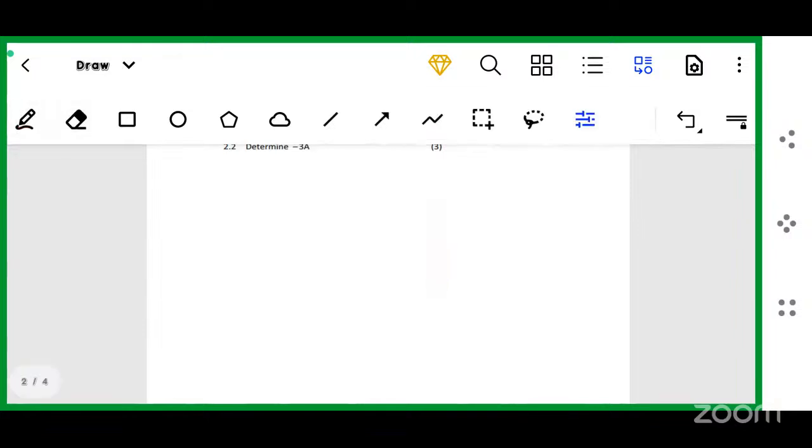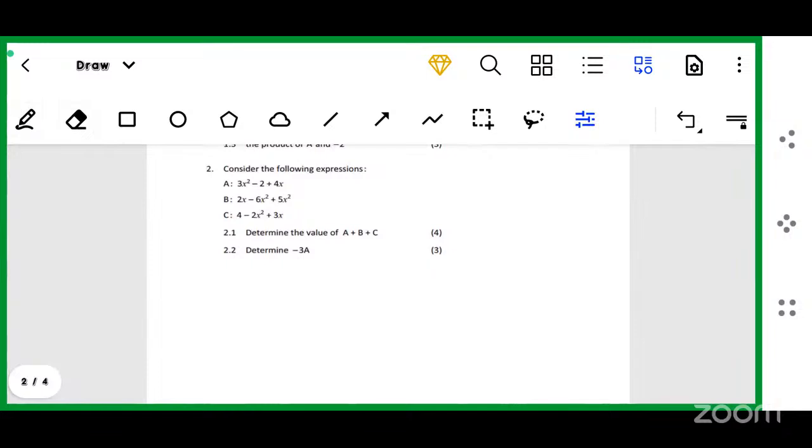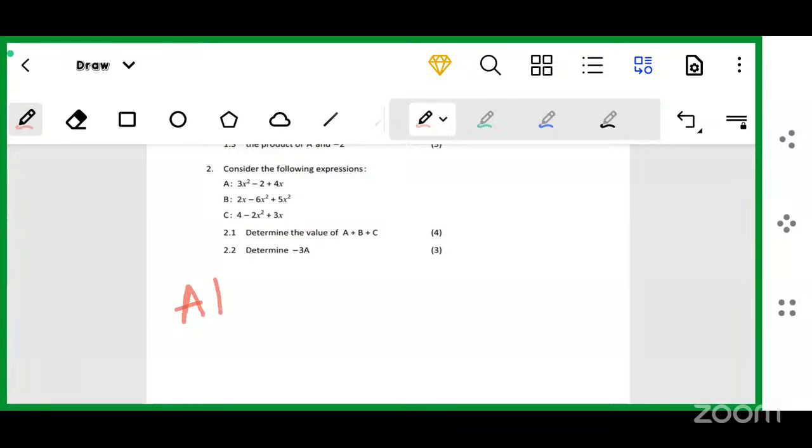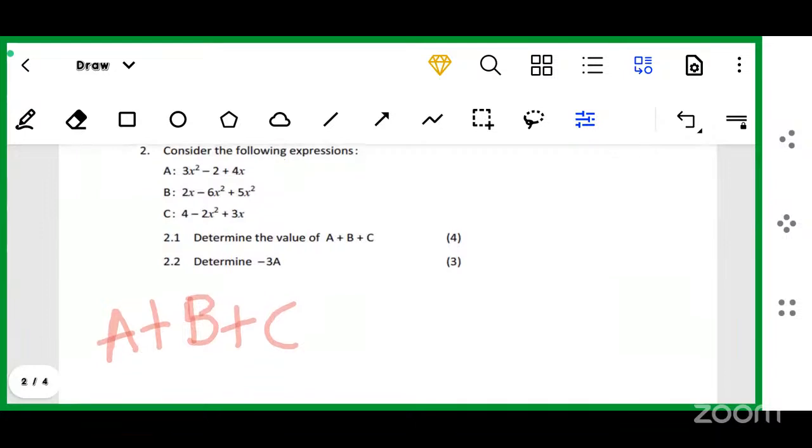So to determine A plus B plus C, we have A plus B plus C. Where there is A, what are you going to substitute from the given expressions?